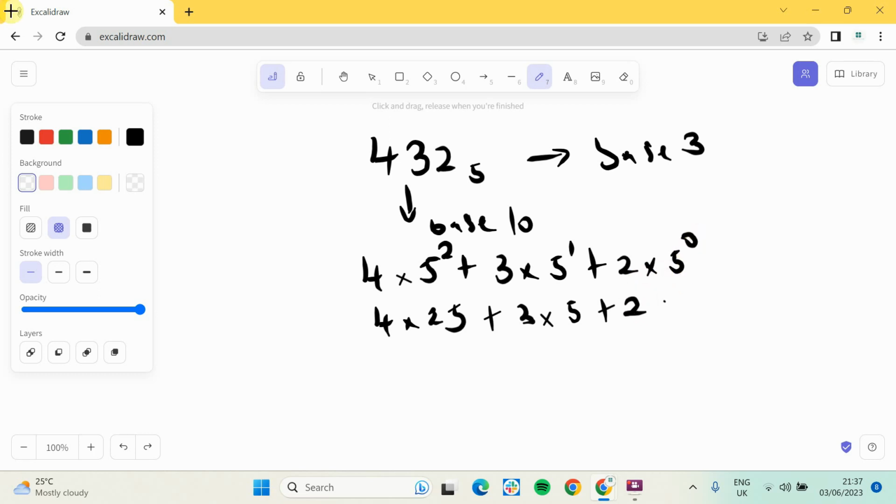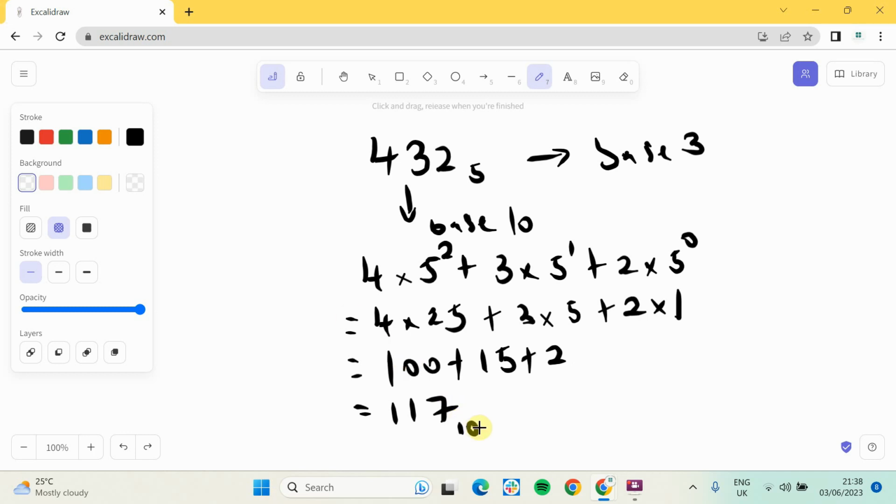So that will be 2 times 1, right? 4 times 25 is 100 plus 3 times 5 is 15 plus 2 times 1 is 2. So by the time I add all of this together, 100 plus 15 is 115. 115 plus 2 is 117. Great. So we have it in base 10.